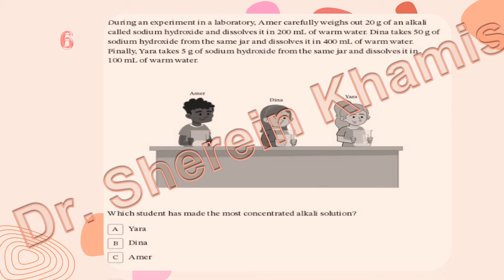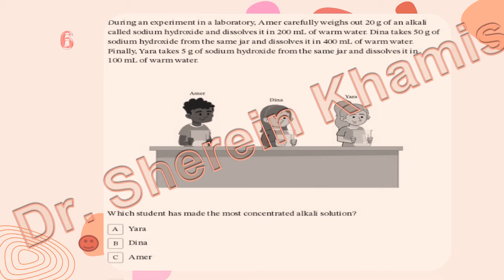So we have 20 grams from Amir, 50 grams from Dina, and 5 grams from Yara. The largest amount is from Dina, so hers is the most concentrated solution, and the right answer will be Dina.